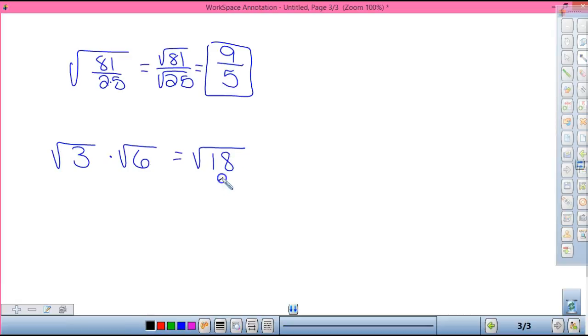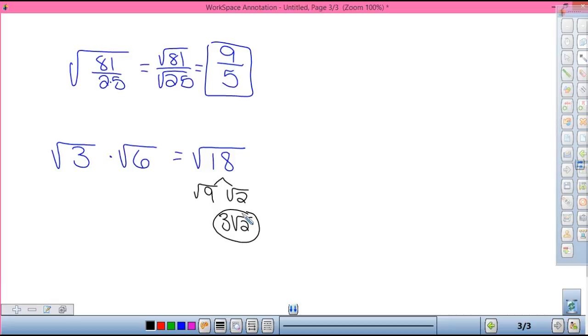So I can split 18 into square root of 9 times square root of 2. So my answer would be 3 root 2. So far, so good?